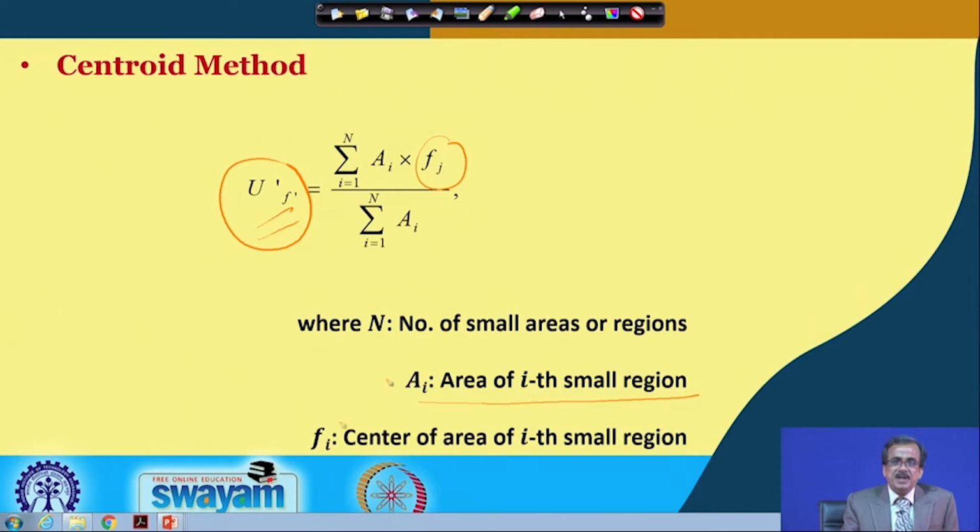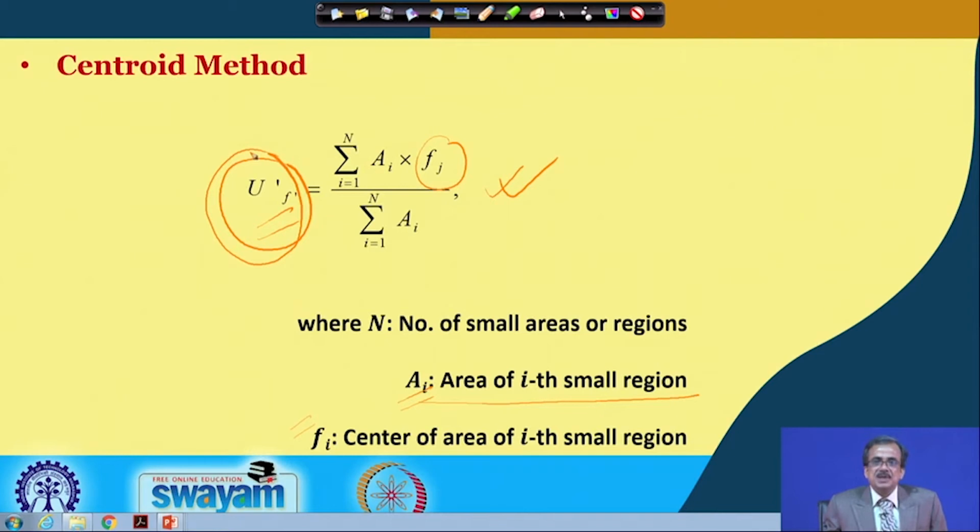Now, I have already discussed how to determine the area and the center of area for each of these regular subregions, and once you have that information, using this particular formula I can find out what should be the crisp output, considering all the combined outputs. So, this is the way using the centroid method.